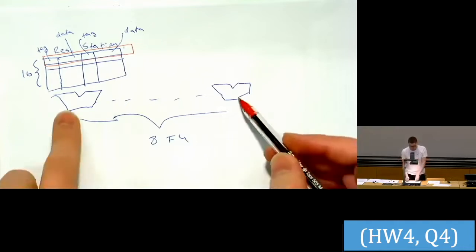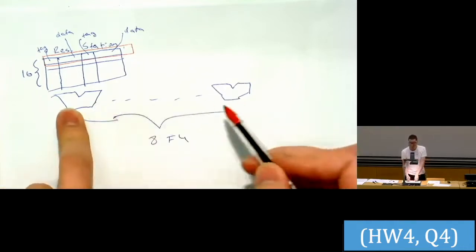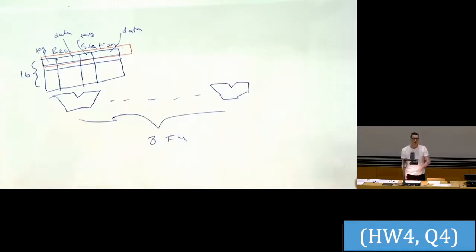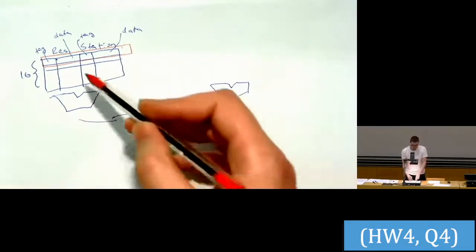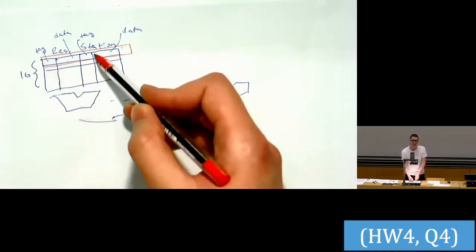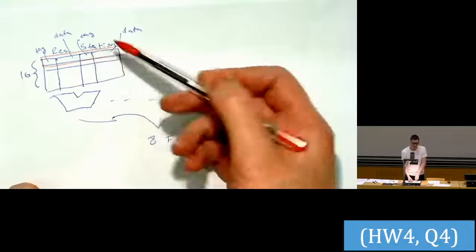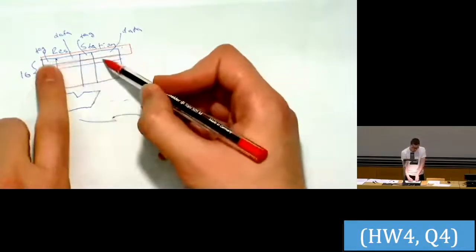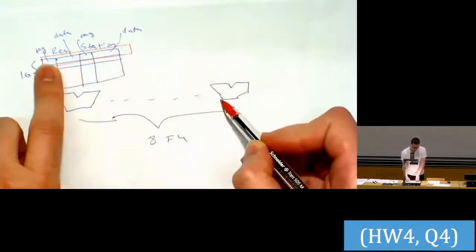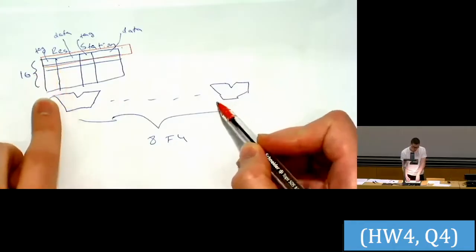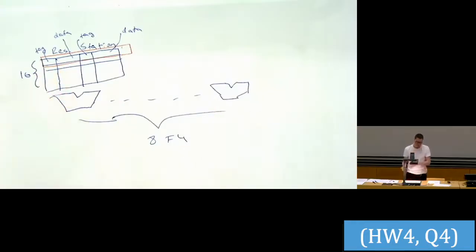Because in the same cycle, each of those 8 functional units can produce a result, and this result needs to be compared with each of the tags in the reservation station entry. So we have 2 tags here, and we have 8 functional units. So basically, it means that we will need 8 multiplied by 2 tag comparators.